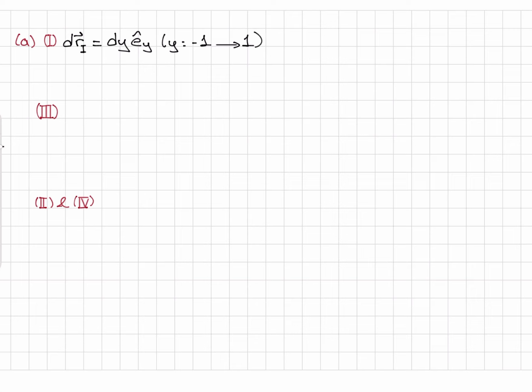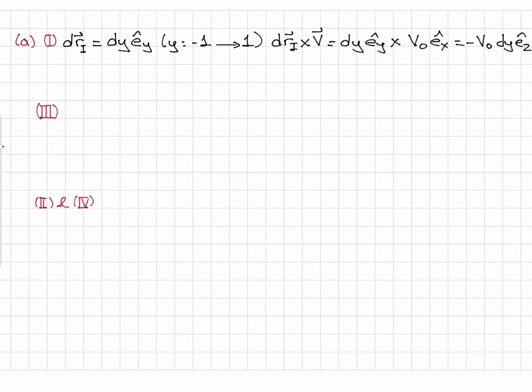When we do dr1 cross with vector v, we have dy ey hat cross product with v0 ex hat. Now we have to remember i hat cross j hat is k hat, or ex hat cross ey hat is ez hat, but ey hat cross ex hat is minus ez hat, using the cyclic permutations. So this is minus v0 dy ez hat.